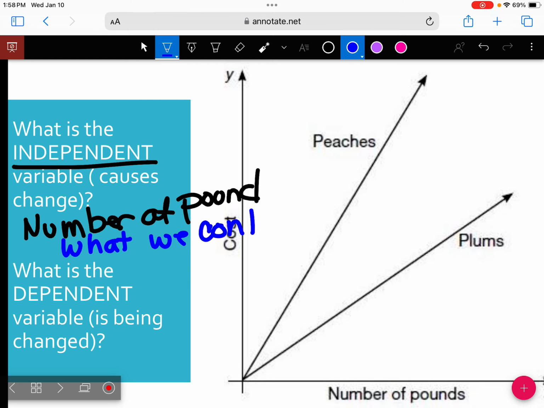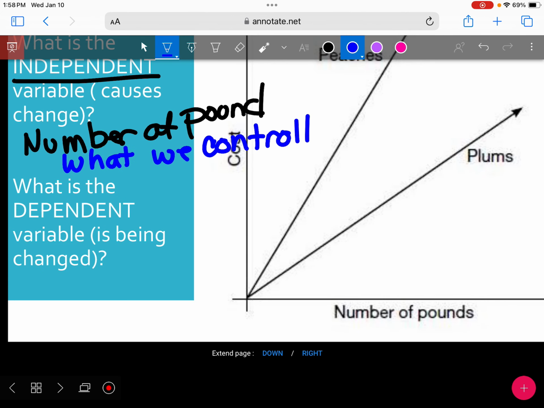What the user controls, or what our mystery person controls. Our dependent variable here is our cost. It's the response, like our cause and effect. So I'm going to put effect for cause and effect. It's what is changed because of what we chose.